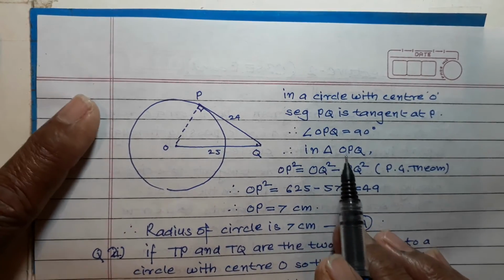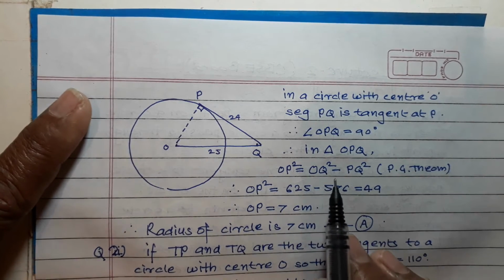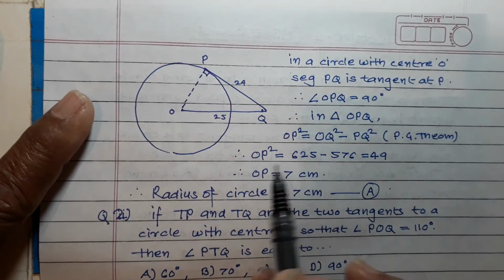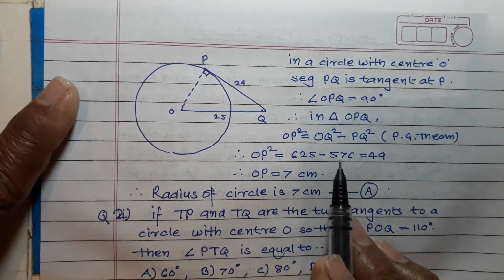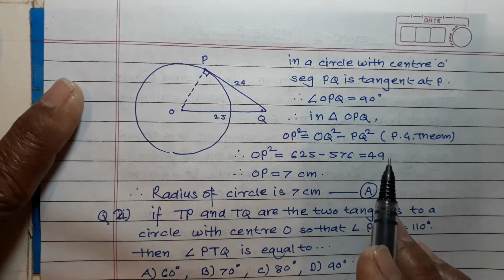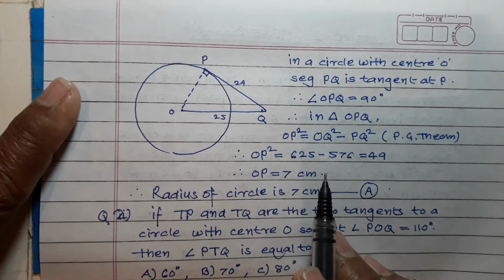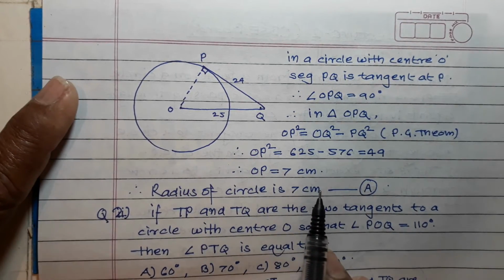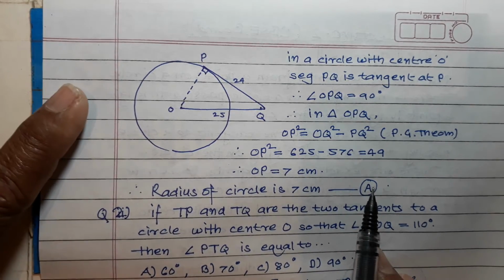In triangle OPQ, OP squared is equal to OQ squared minus PQ squared, by Pythagoras theorem. Therefore OP squared is equal to 625 minus 576, which is 49, and hence OP is equal to 7 centimeter. Therefore the radius of the circle is 7 centimeter. So the correct answer is option A.